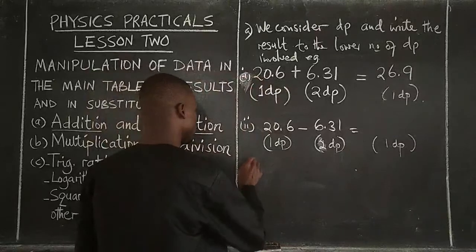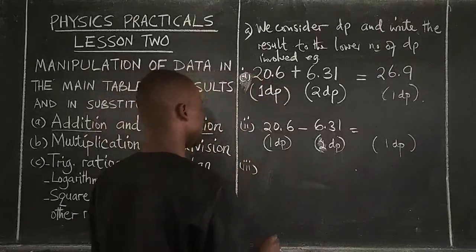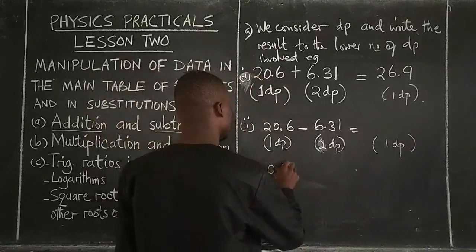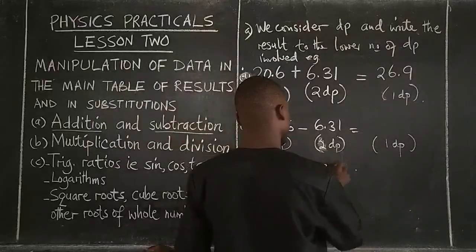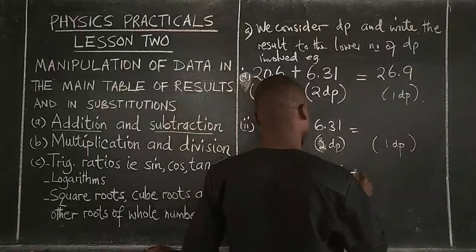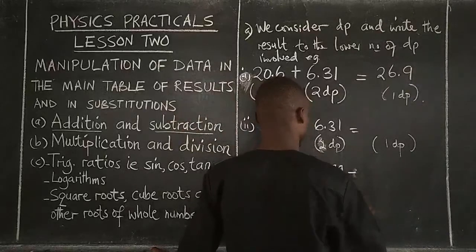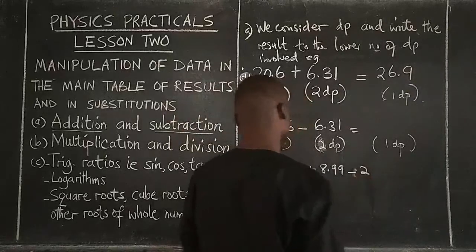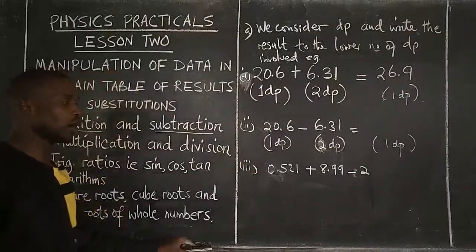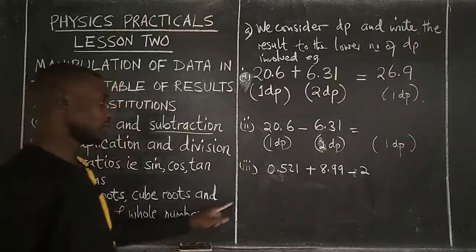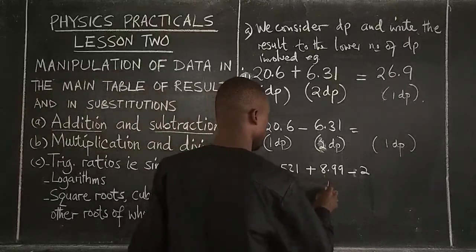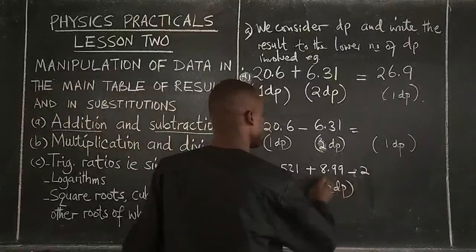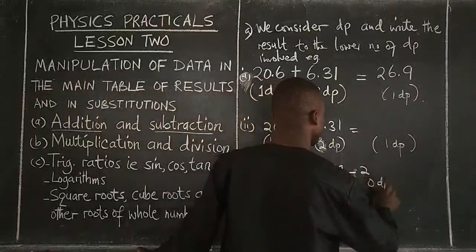Lastly, Roman 3, I may have 0.521 plus 8.99 minus 2, something like that. So how do you treat that? This has 3 decimal places, this has 2 decimal places, and this is a whole number, 0 dps.